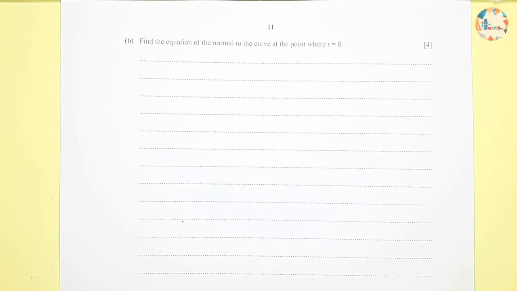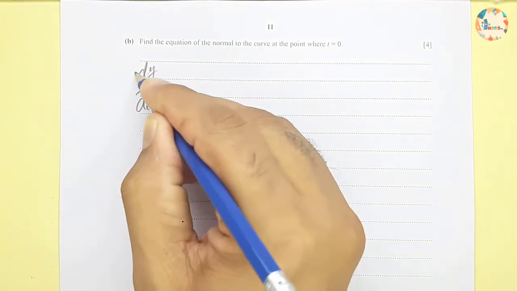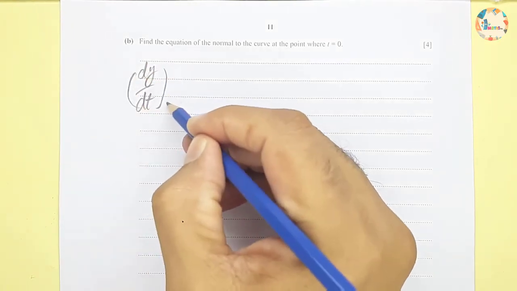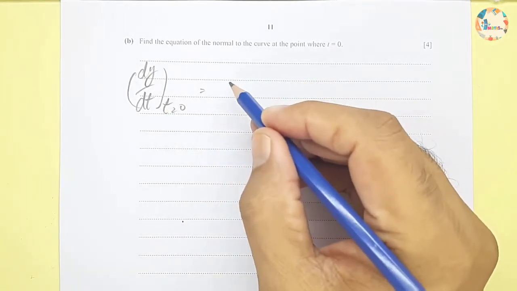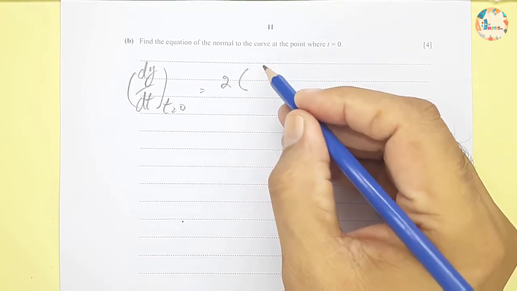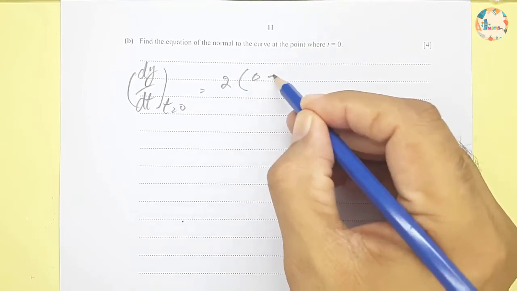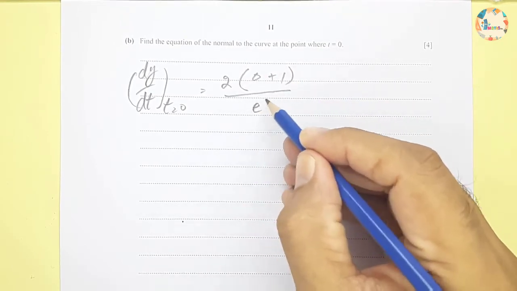B part: find the equation of normal to the curve at the point where t is equal to 0. So for the normal, at t is equal to 0, we'll find dy by dx at t is equal to 0, and dy by dx we got in the previous question, which is 2 into t plus 1, so 0 plus 1, over e raised to t, so e raised to 0.